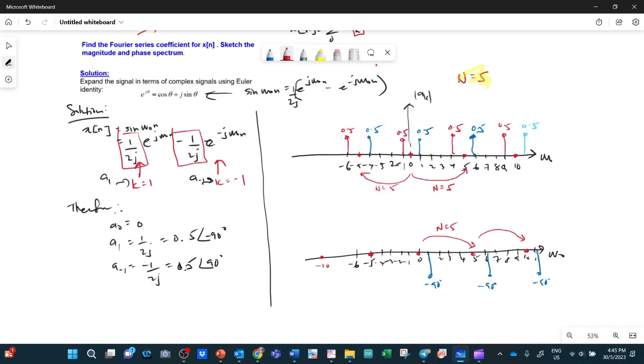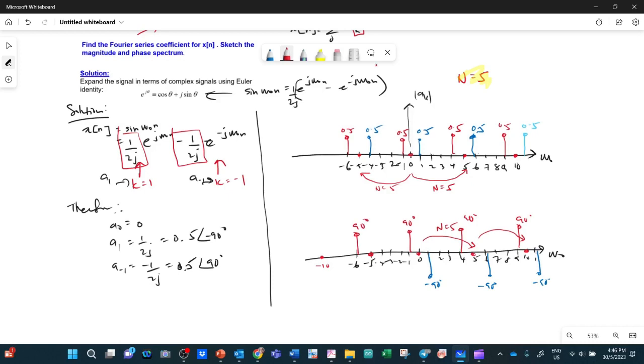And for k equal to minus 1 it is positive 90 degrees. That 90 degrees is going to repeat to the right side, 1, 2, 3, 4, 5, and again here, 1, 2, 3, 4, 5. The same goes to the left side.